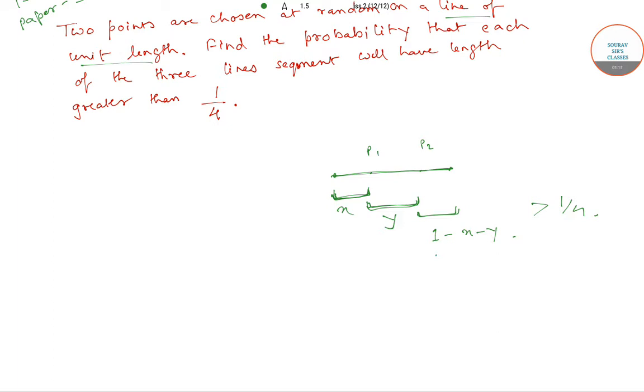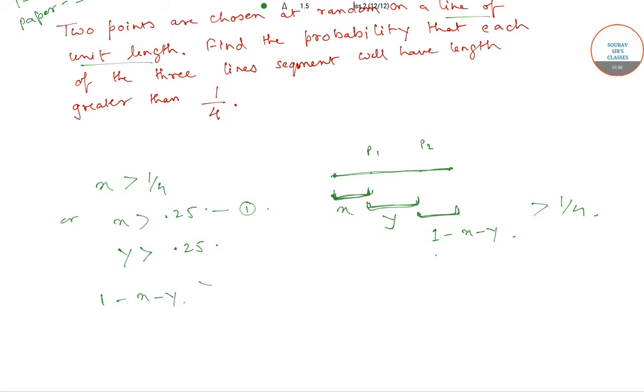Now here it is given that these 3 line segments will have length greater than 1 by 4. So what we are saying is that x should be greater than 1 by 4, or x should be greater than 0.25. Take this as equation 1. Similarly, y should also be greater than 0.25. Now the next is 1 minus x minus y.